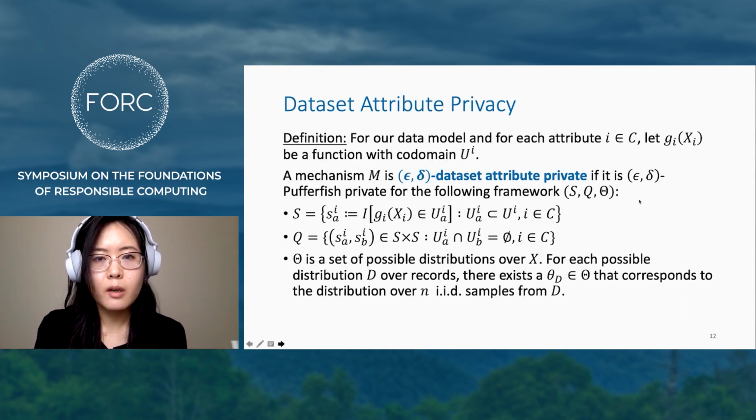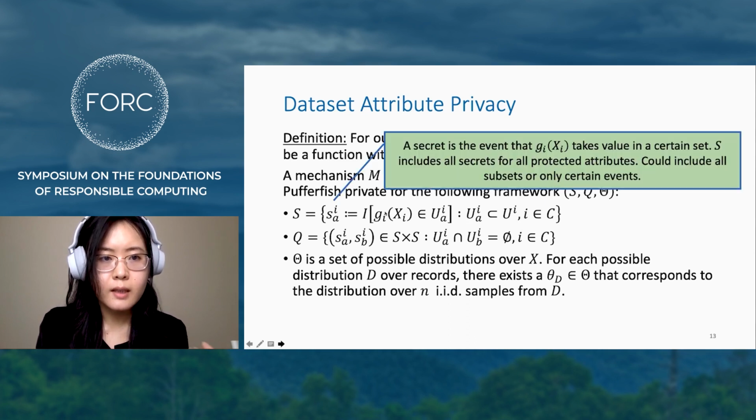Here's our formal notion of dataset attribute privacy. For our data model that we talked about earlier, and for each attribute i, gi(xi) models the aggregate information about a particular sensitive attribute, and its codomain is Ui. We formalize our dataset attribute privacy definition using the pufferfish privacy framework by specifying the three components.